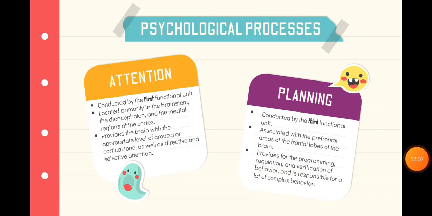And then the last functional unit, which is the third one, is responsible for the planning process. So it is associated with the prefrontal areas of the frontal lobes of the brain, and it provides for the programming, regulation, and verification of behavior, and is responsible for a lot of complex behavior.